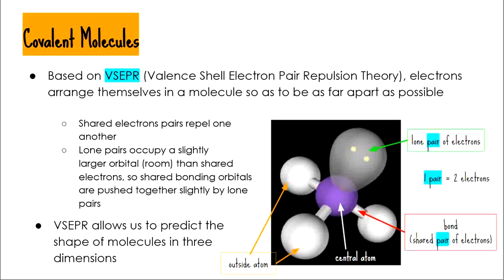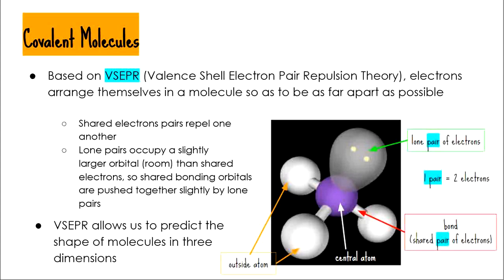This theory states that electrons arrange themselves in a molecule so as to be as far apart as possible. Because think about it, electrons are negatively charged. What will two electrons do when they try to get close to each other? They will repel each other. So an electron will have as much space as it can get.